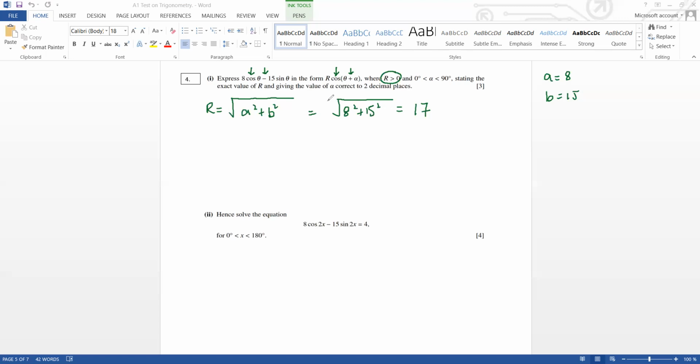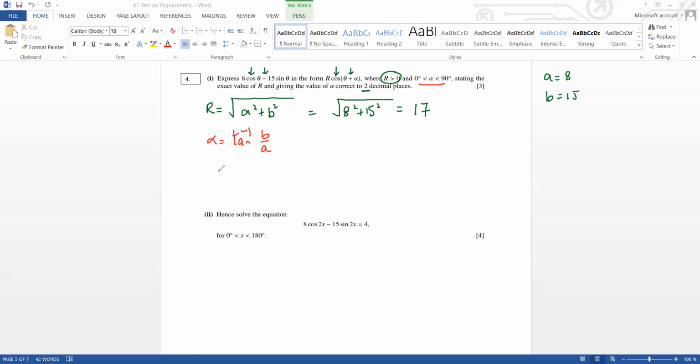Then you have to find this alpha, and it says correct to 2 decimal places. Alpha's rule is tan inverse of B over A. We just need the basic angle here because this is in your first quadrant.